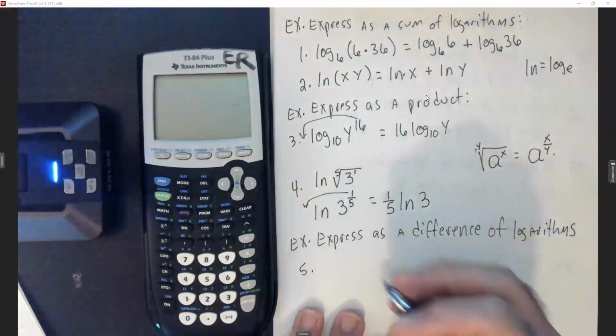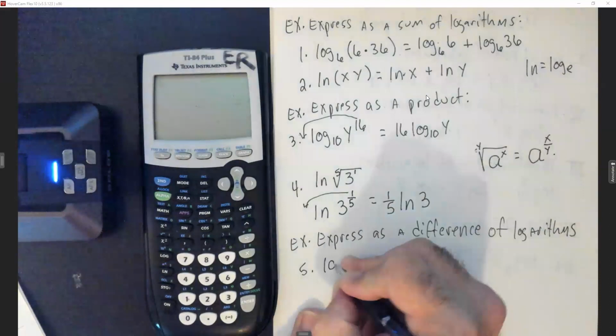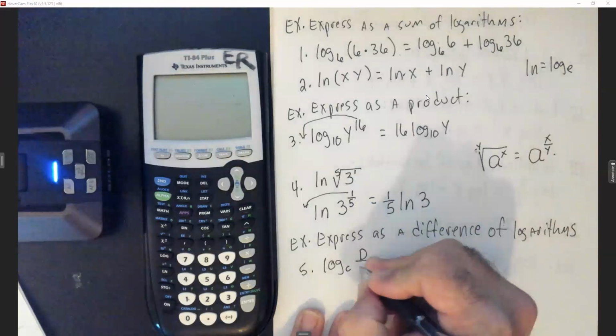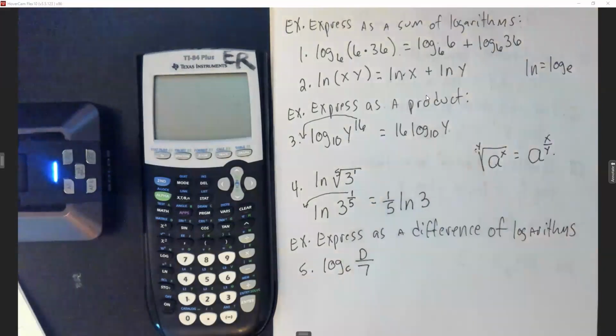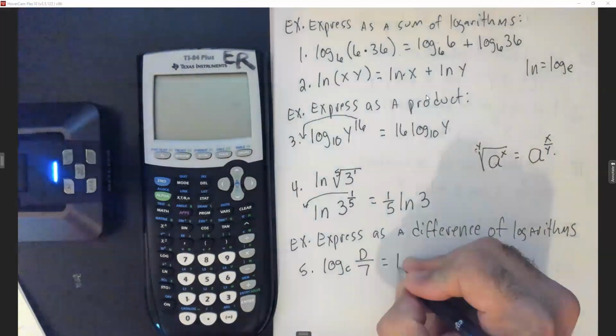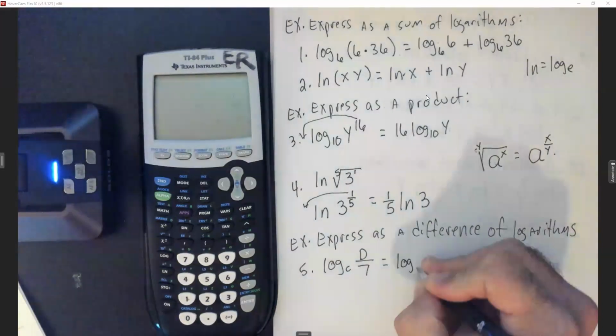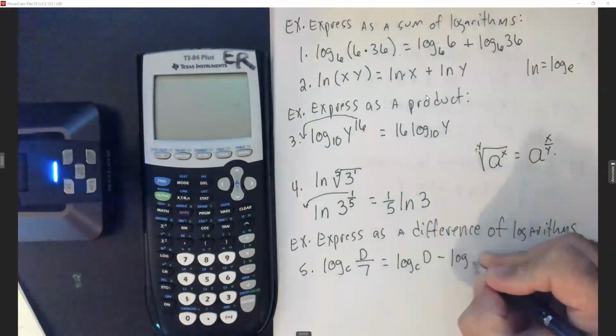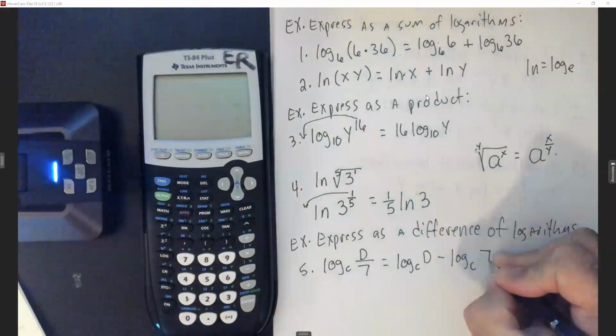So we got log base c of d over 7. All right, remember we said on our property, it's always the top minus the bottom, but you got to distribute that log c so that you get a log base c of d minus a log base c of 7.